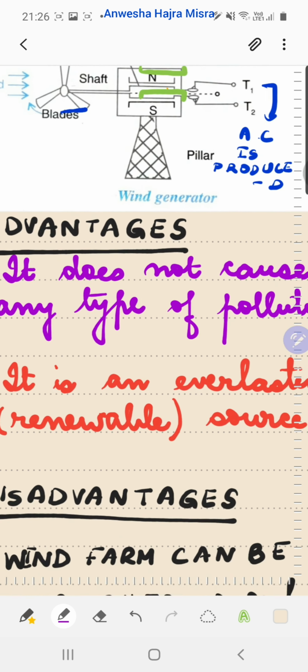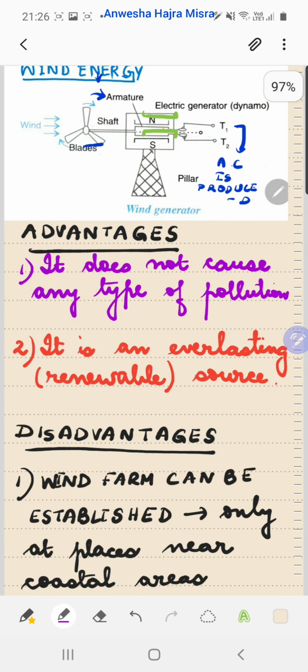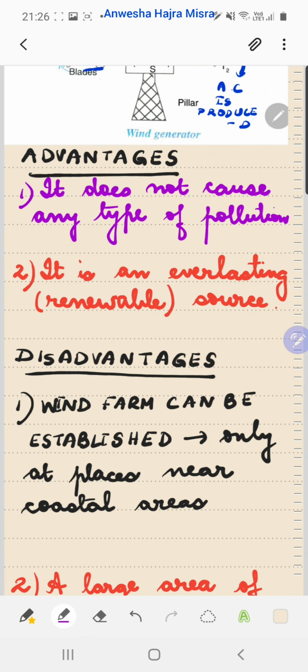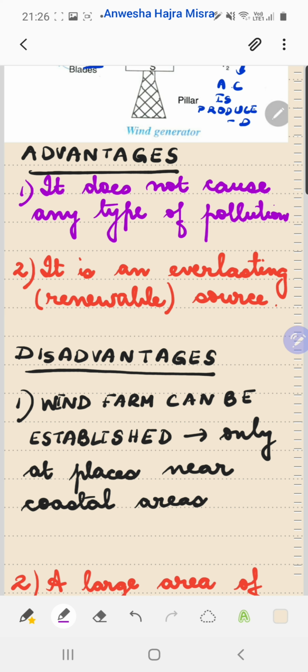Now what are the advantages? It does not cause any type of pollution. It is an everlasting renewable source. You can use it again and again. What are the disadvantages?